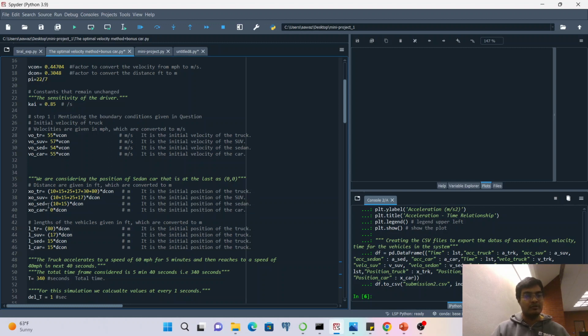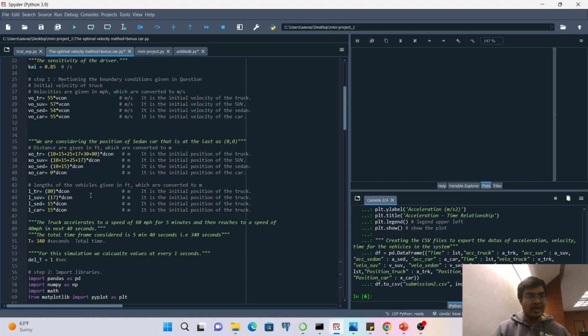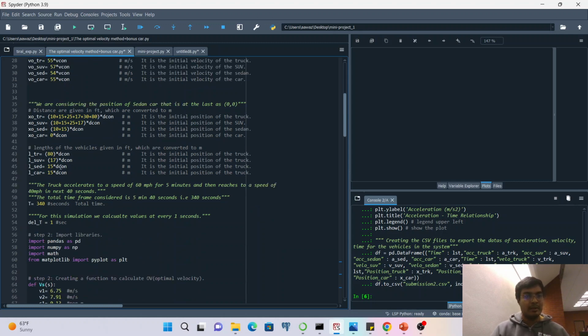The same for the SUV, sedan and car. The car shows 0 times the factor because we chose just the front portion of the car as the datum line. That's why it's written as 0 there.